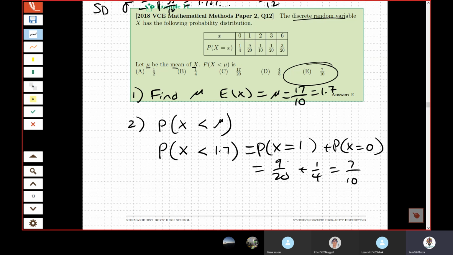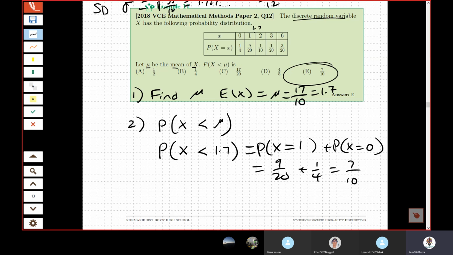What do you reckon? All good? How did you get x equals 1 and x equals 0? Oh, it's got to be less than 1.7. Where is x less than 1.7? The way we're reading this, Eden, is find the probability such that your random variable x must be less than 1.7.